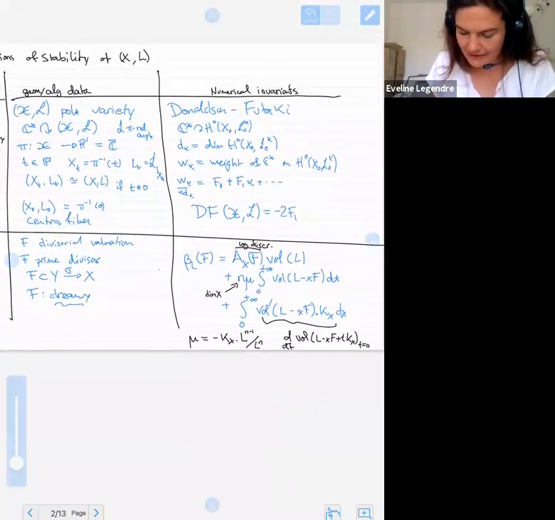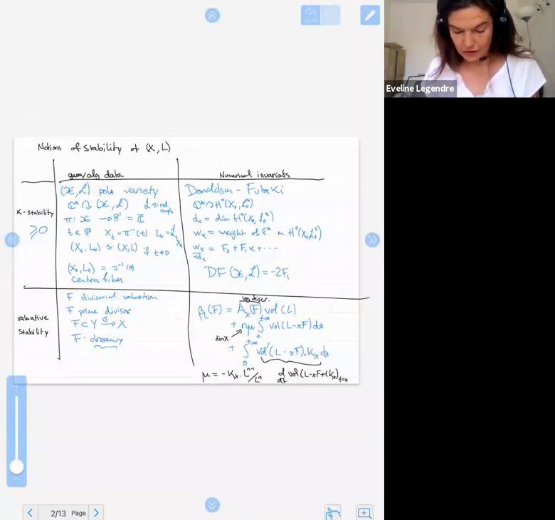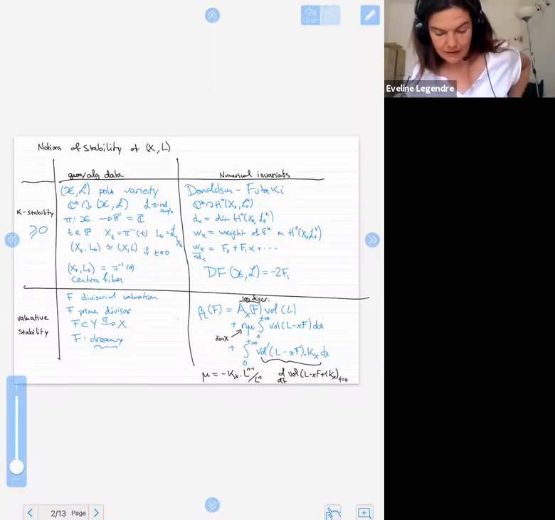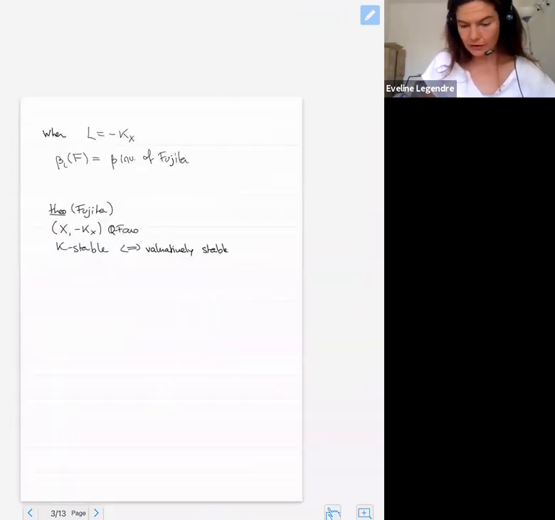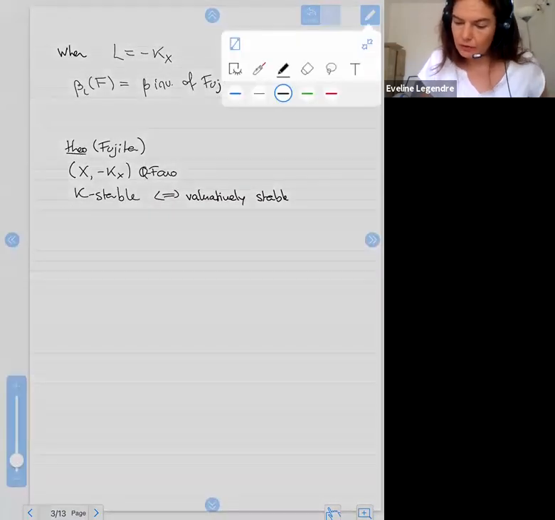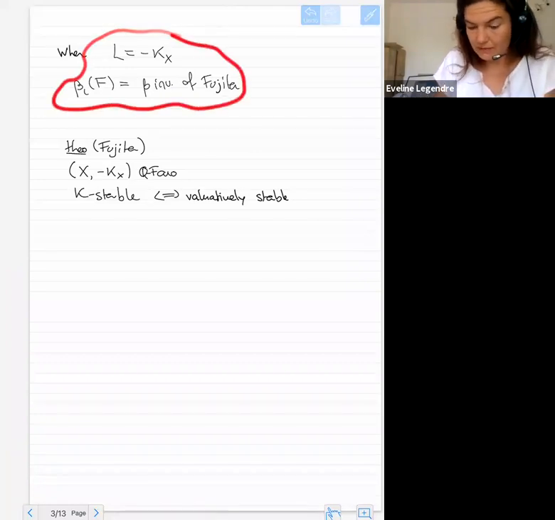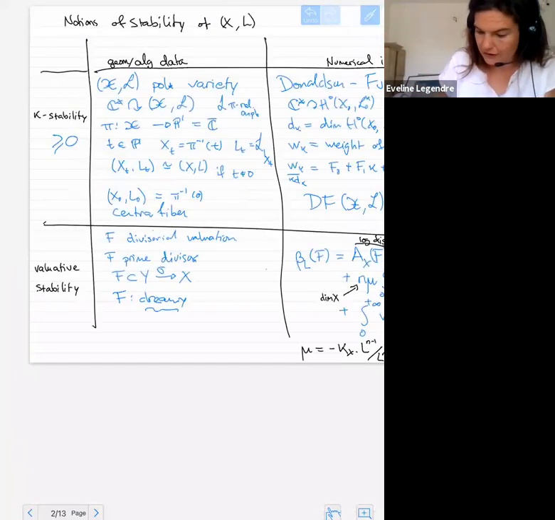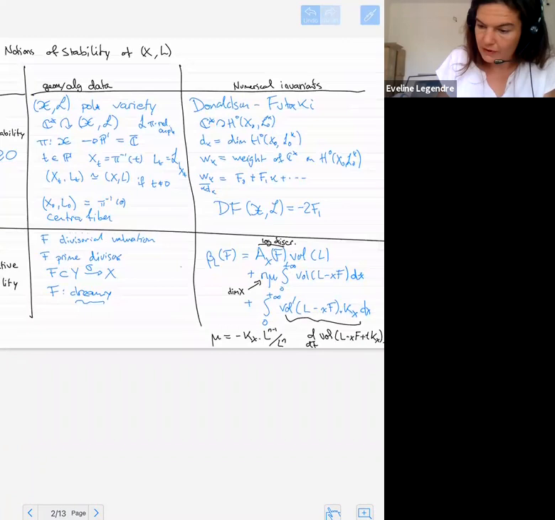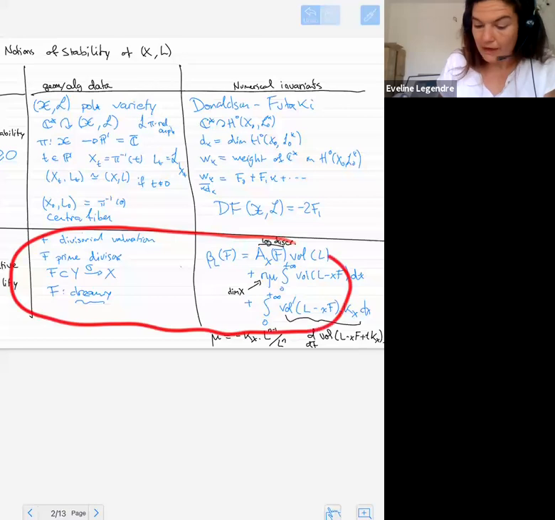Okay, so this is all the data needed to define it. In the case where L is the anti-canonical bundle, Fujita has proved that this whole theory of stability with divisors and everything was developed in the case of Fano varieties by Fujita.